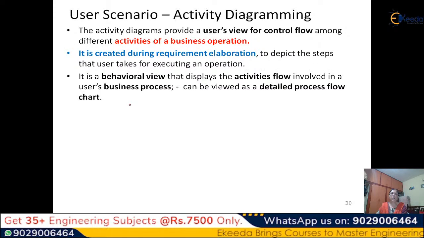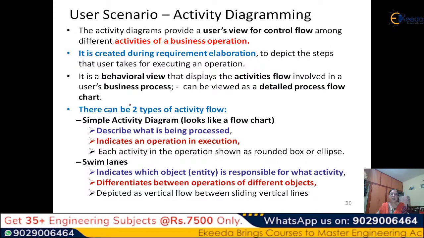Now we come to the fourth one, that is the activity diagram. So we have completed the state diagram, we have completed the collaboration diagram, and we have completed the sequence diagram. So now we will come to the last one in the behavioral diagrams or behavioral modeling, that is called the activity diagram.